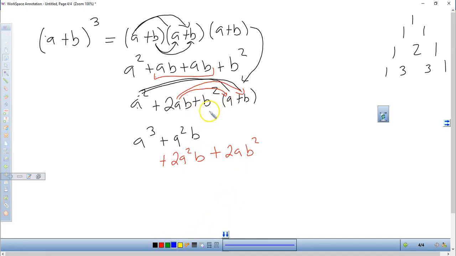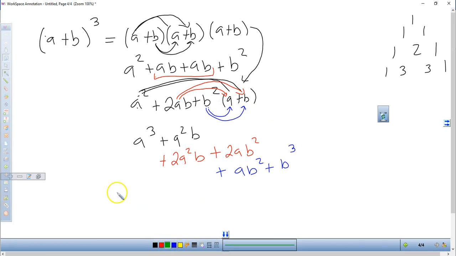And we still got to multiply again. B squared times a is ab squared. And finally, the last multiplication, b squared times b is b cubed.